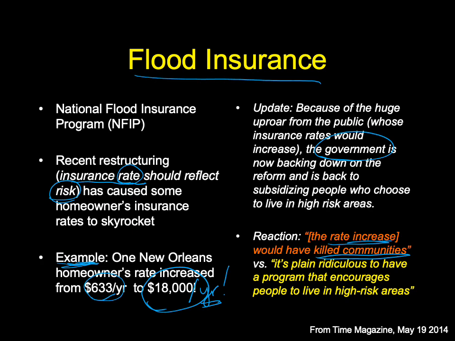Unfortunately, many low-income communities are often marginalized and put in these flood-prone areas. So many of those people couldn't move or couldn't pay the increase in the flood insurance. And so lots of people were saying it's plain ridiculous, right? That these increases seemed like they would not be doable.